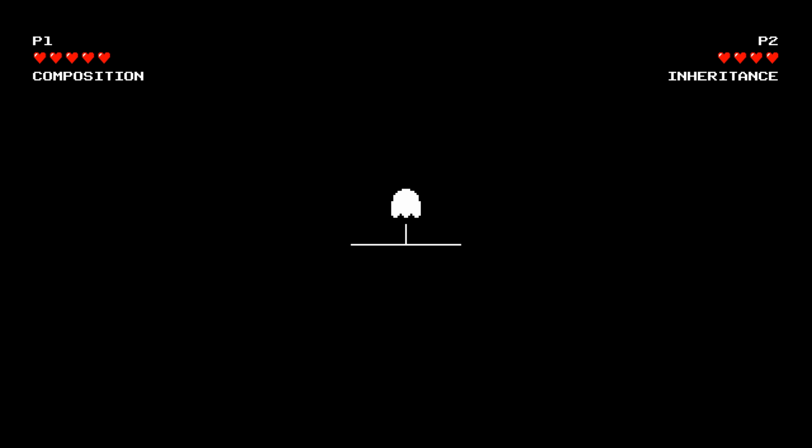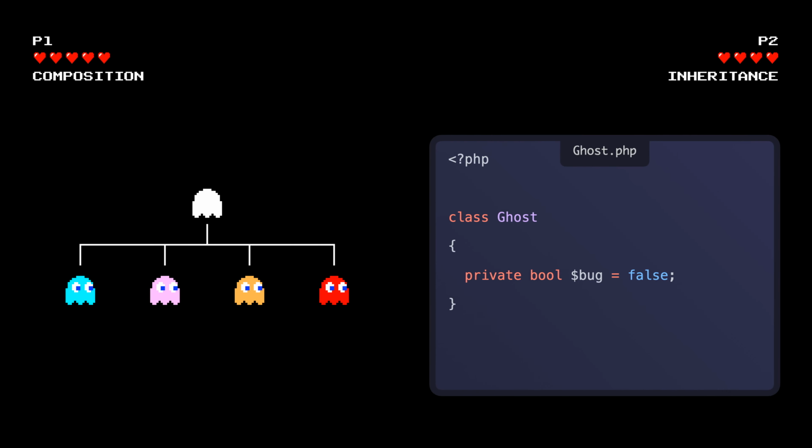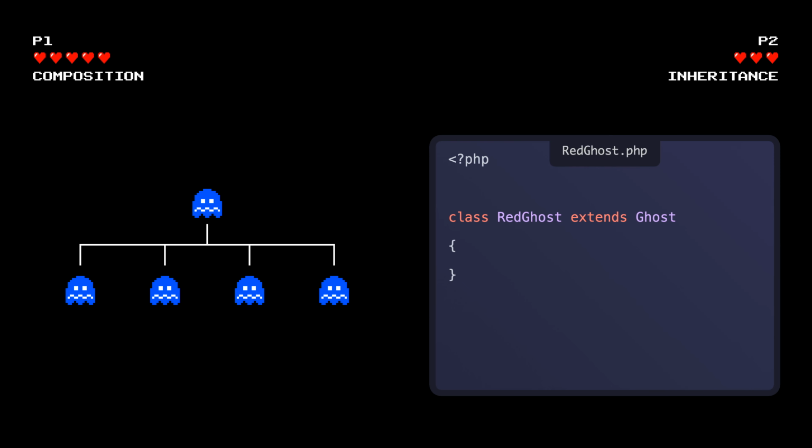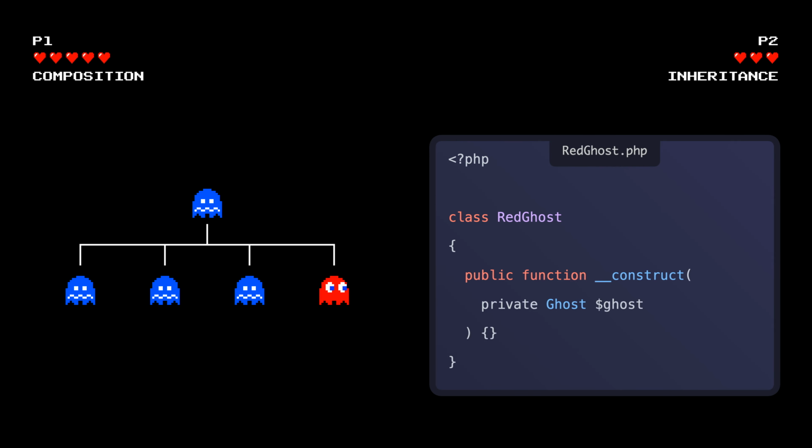Imagine a ghost base class with 4 other ghost subclasses. If we were to introduce a change to the ghost base class, all subclasses would be impacted. Composition, however, provides us with object containment, which will reduce the impact of the change.